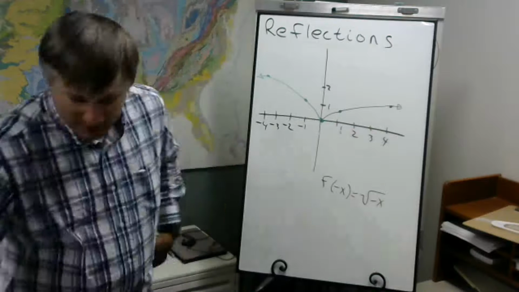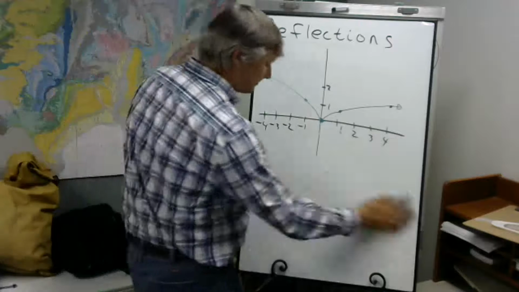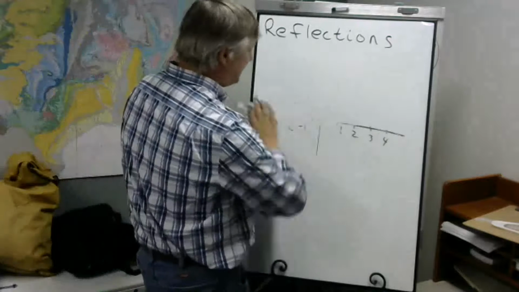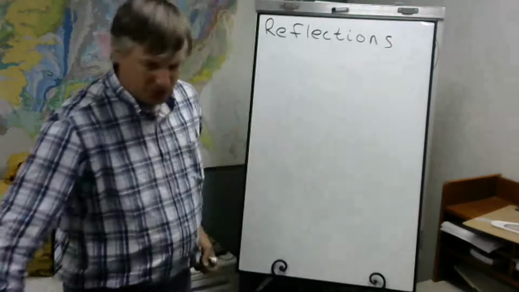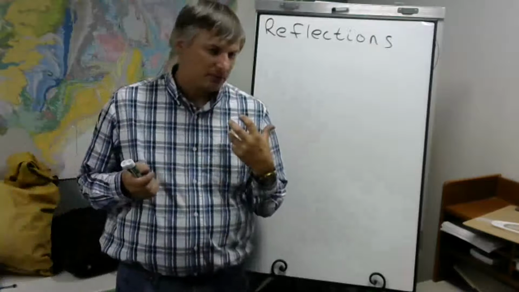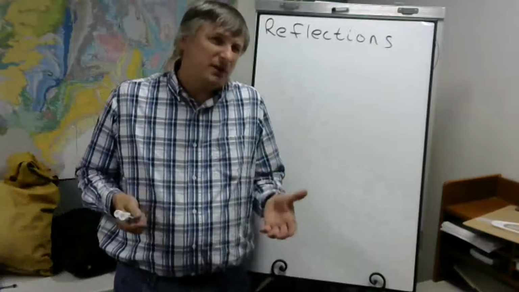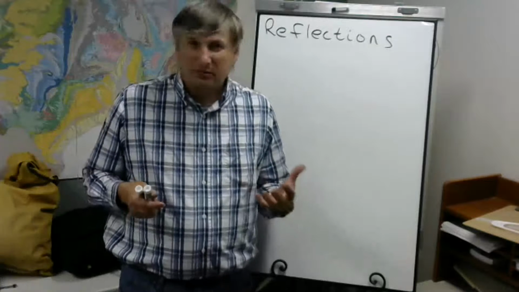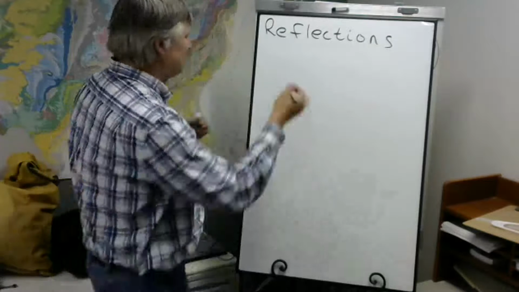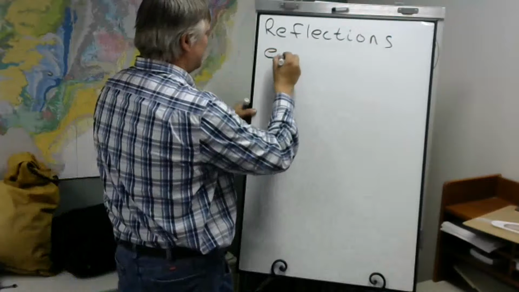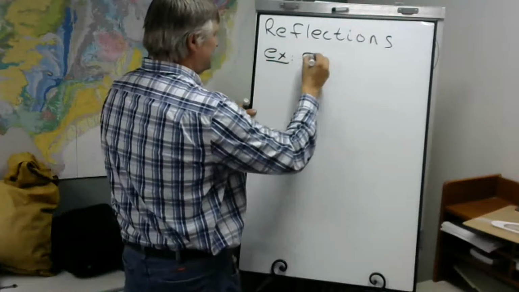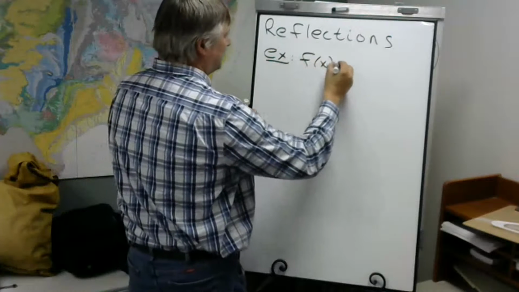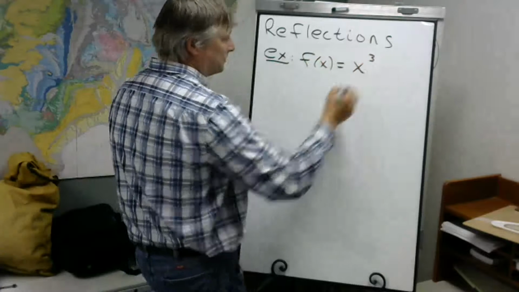All right. Let me do one more. Now, this function, we're going to do another reflection across the y-axis. And with this function, domain's not really going to be an issue. Let's say we have f of x equals x cubed.